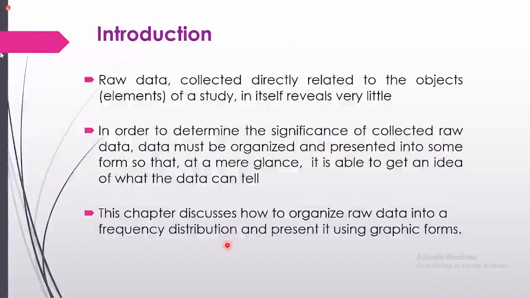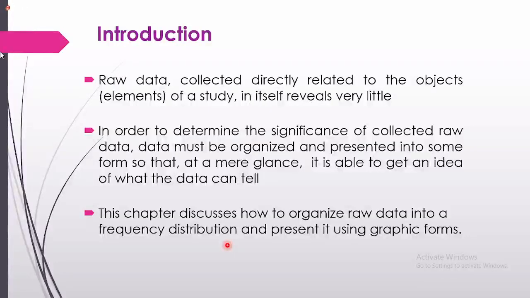Usually when we are looking at the raw data, which were collected directly from the subjects or elements for a study, then just looking at the raw data, you can only get very little information. Even what is the maximum value, what is the minimum value, right? Only these kinds of information you can get.